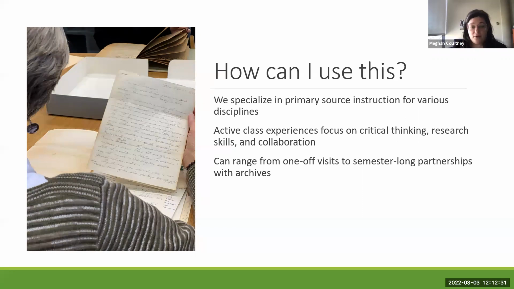We work with people from various humanities disciplines, but I think some of the really exciting sessions that we've had over the past couple of years have been more in social sciences. So we've had sociology classes, political science, criminal justice. They get a lot out of that.